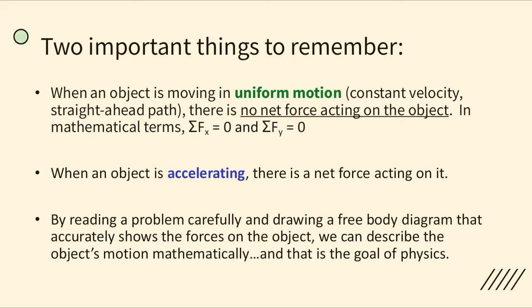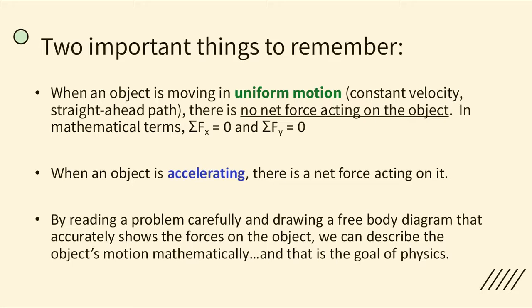So again, if it's in uniform or constant velocity, the net force in that direction is said to be 0, or is said to be in balance. If an object is accelerating, then there is a net force acting on it.